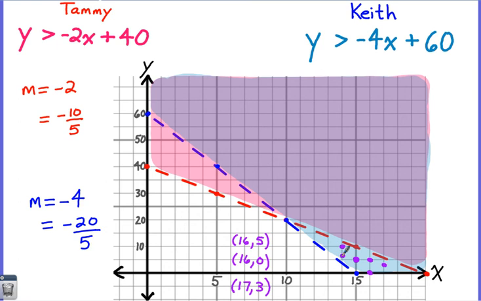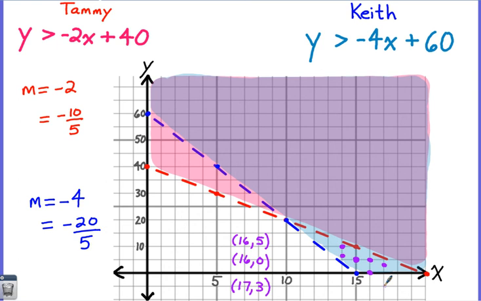And also, final thing, because I think we were randomly putting dots down here in the original video. Anything right here, like 17 comma negative 5, would actually not make sense.